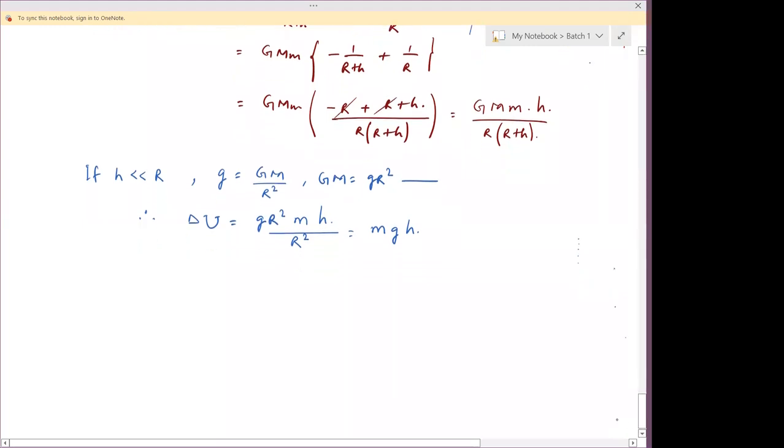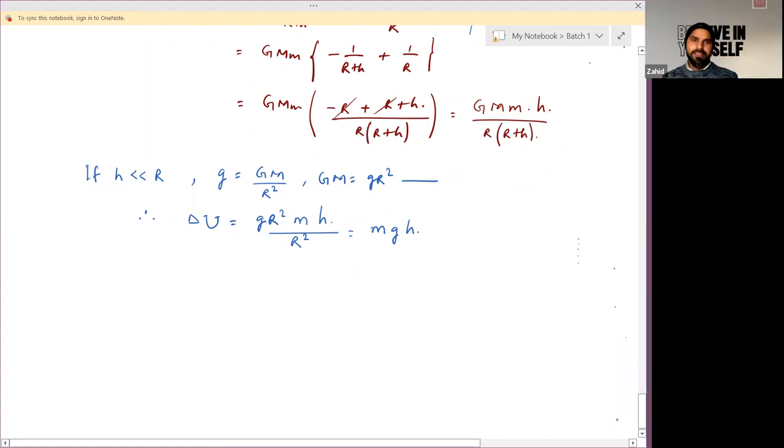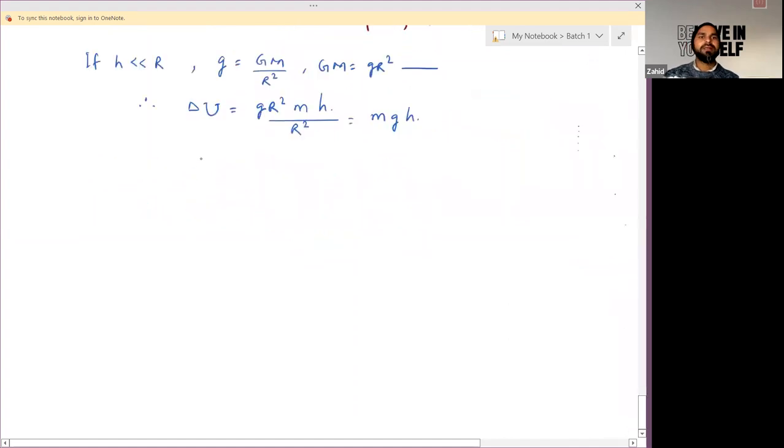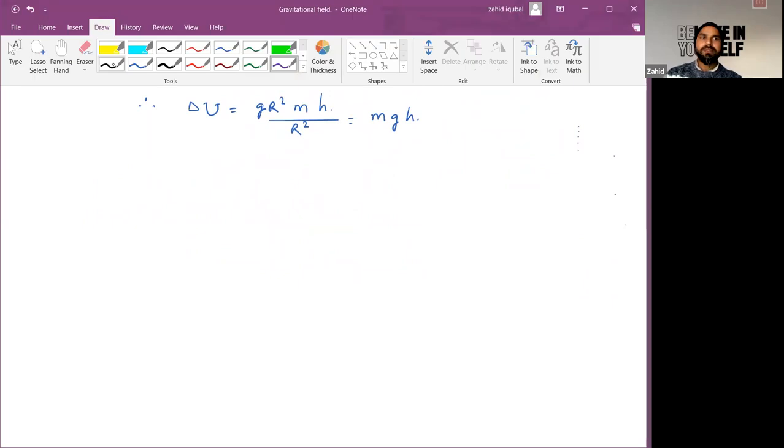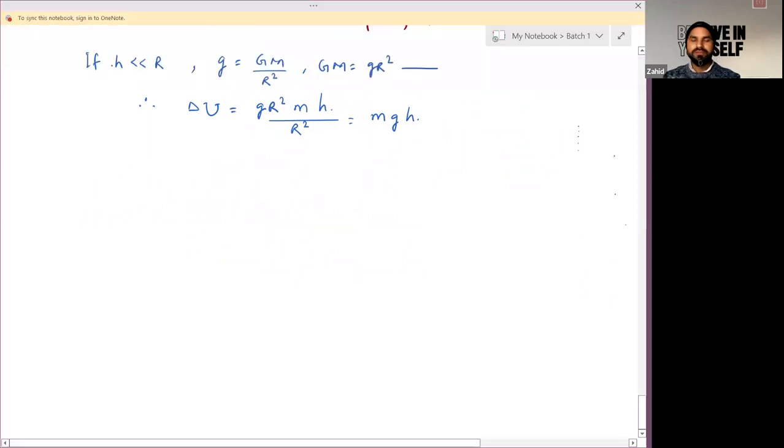Okay. So we have just started how to calculate potential energy between different pairs, which I defined between Earth and a particular object. Now, related to this concept, we may define two different velocities. First is escape velocity.